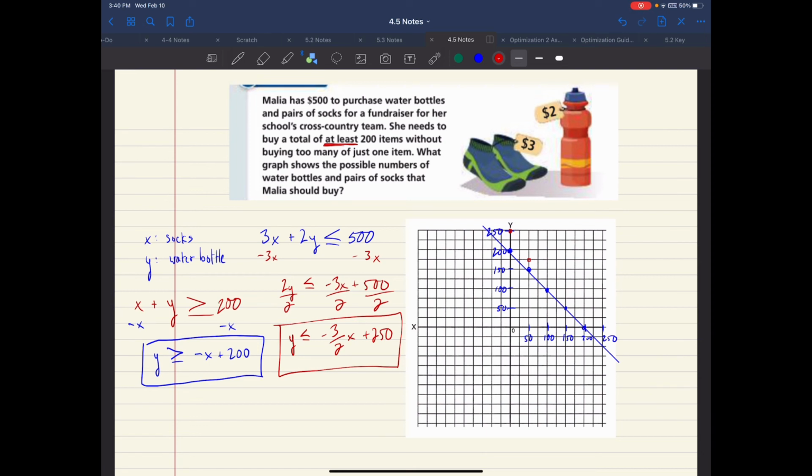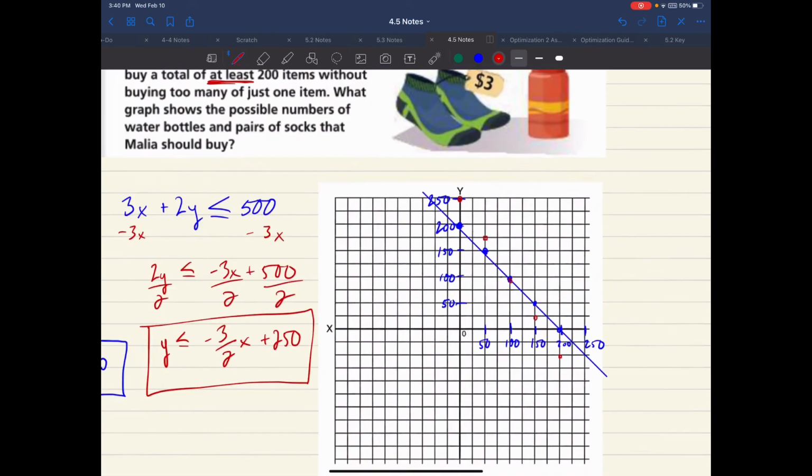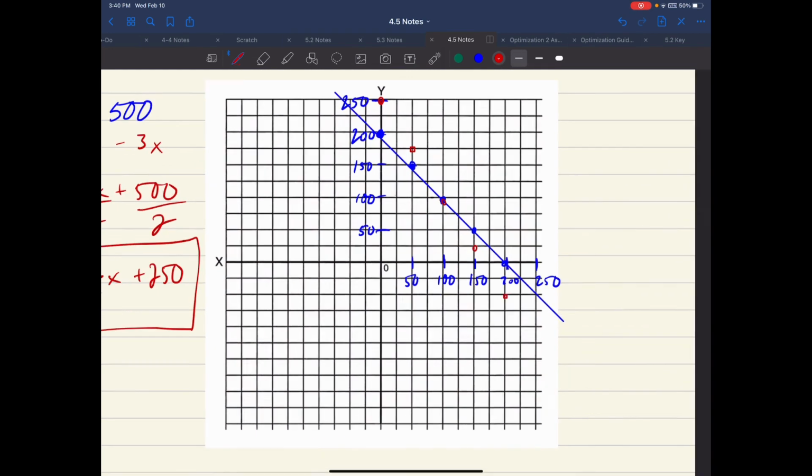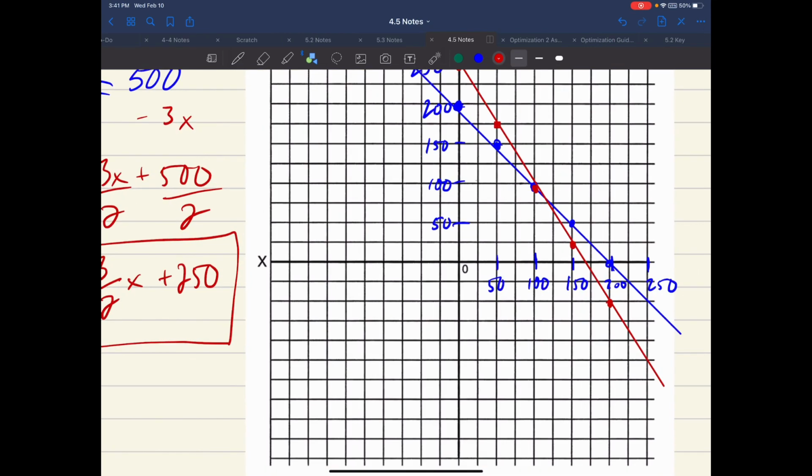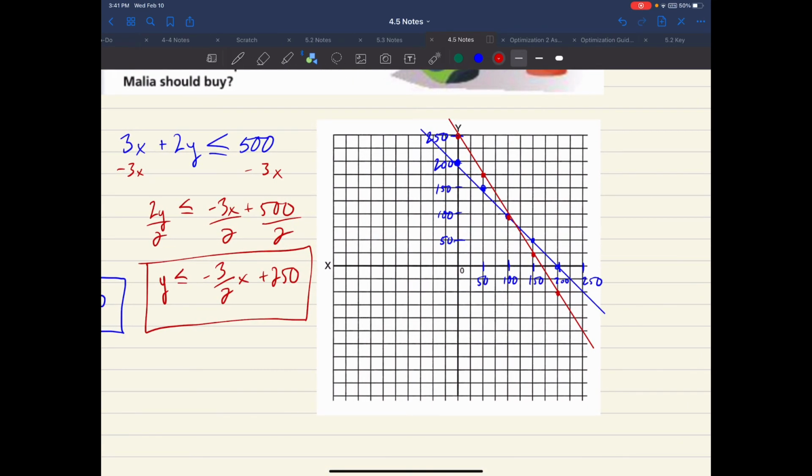Then we follow that pattern. I'm going to zoom in here, because these lines are going to be a little bit confusing when I shade. Let's draw that line. Okay, let's call that good. That is a solid line as well, so they're both equal to. We have two solid lines.